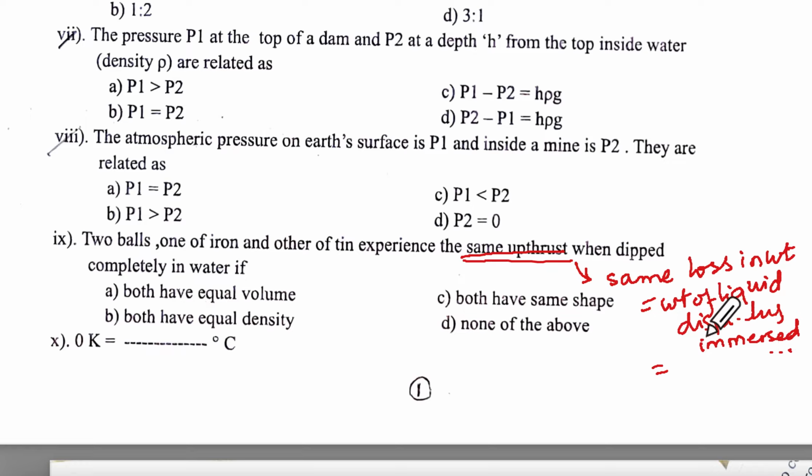Which means if the immersed part is the same, that means volume immersed must be same. So both of them have equal volume.